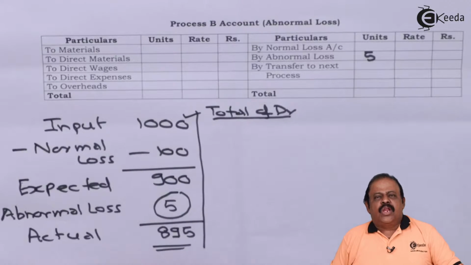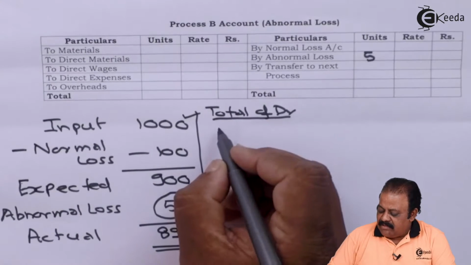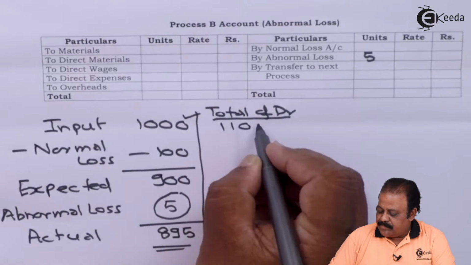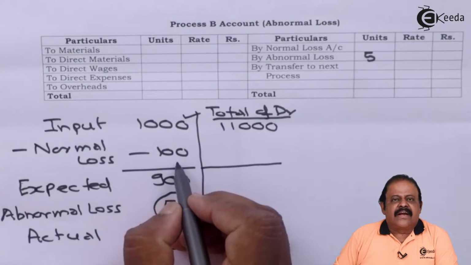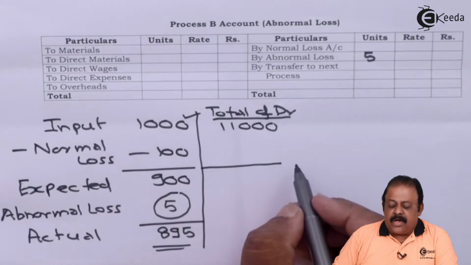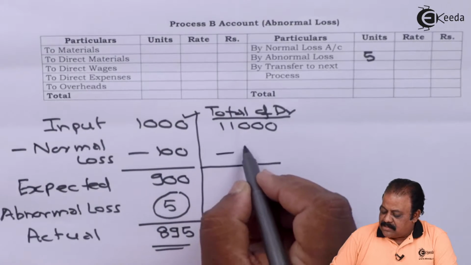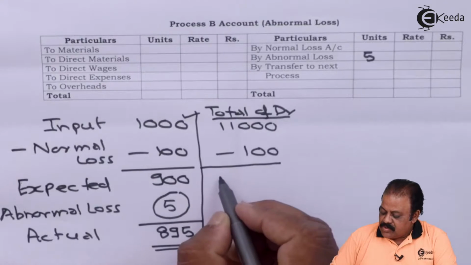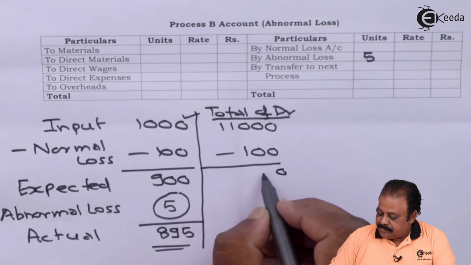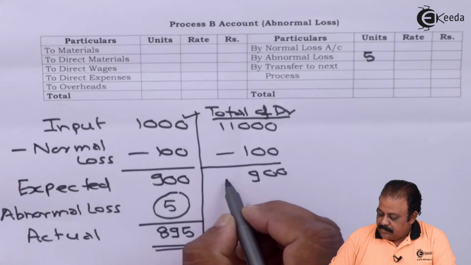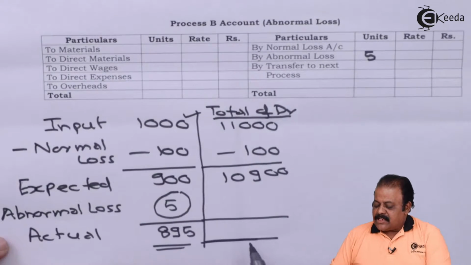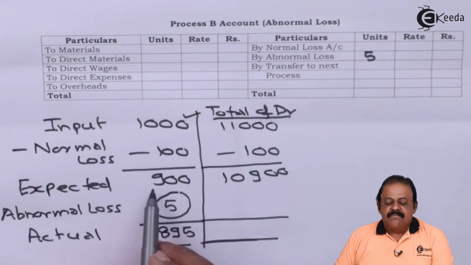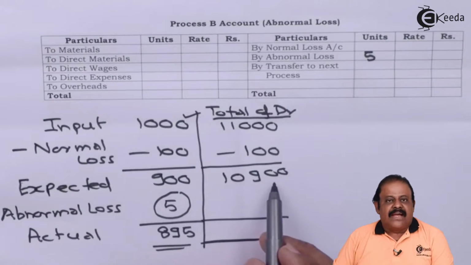Say the total of all expenses is 11,000 rupees. Normal loss is 100 units at 1 rupee per unit, so normal loss realized is 100 rupees. So it becomes 10,900. That means expected output is 900 units and its value is 10,900.